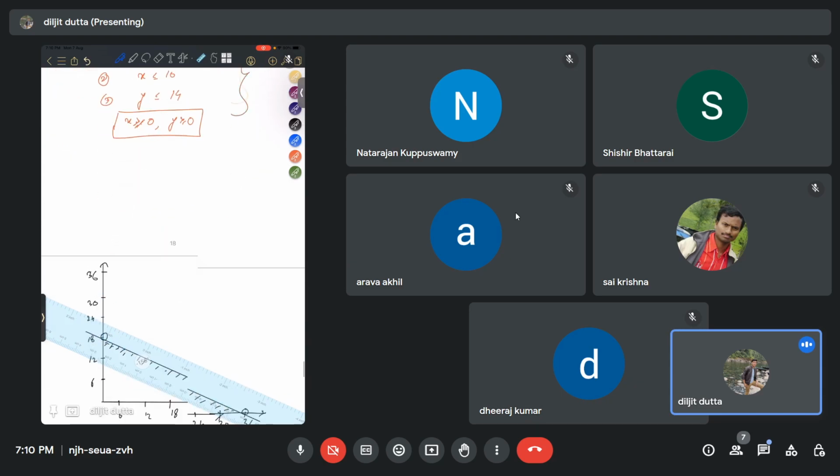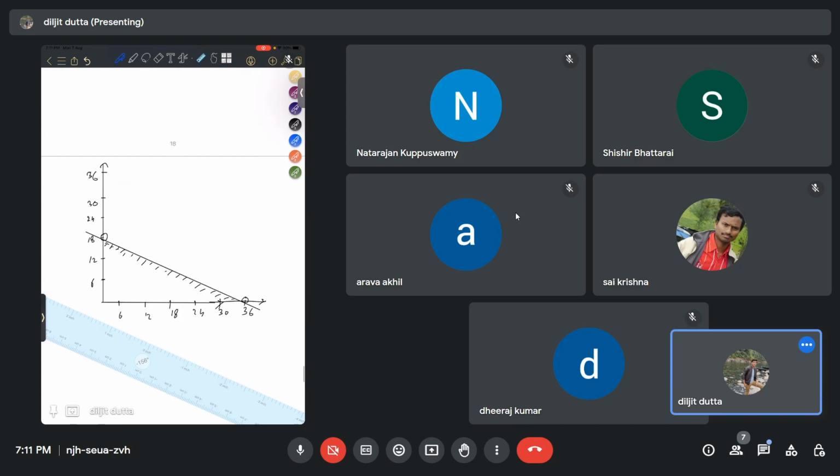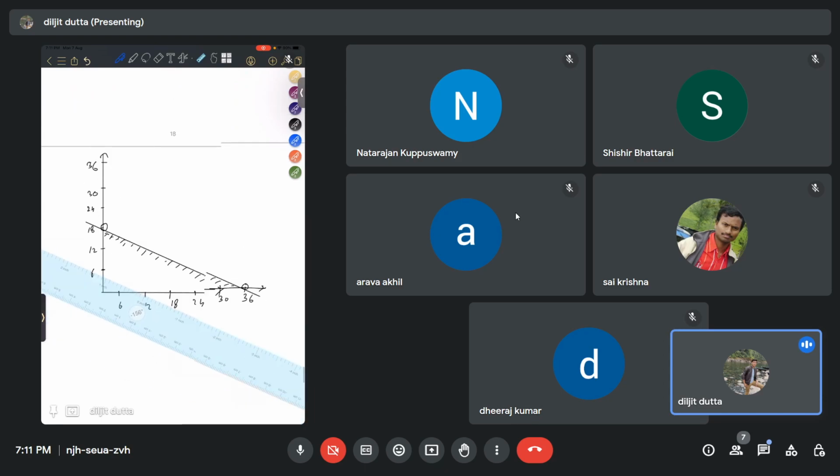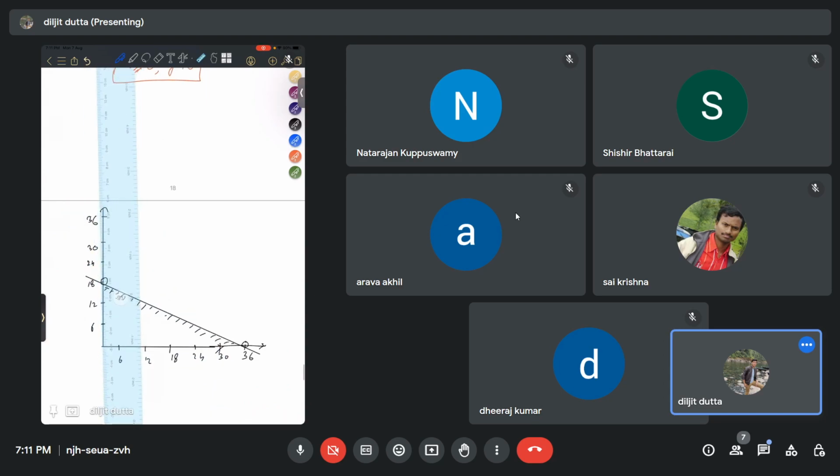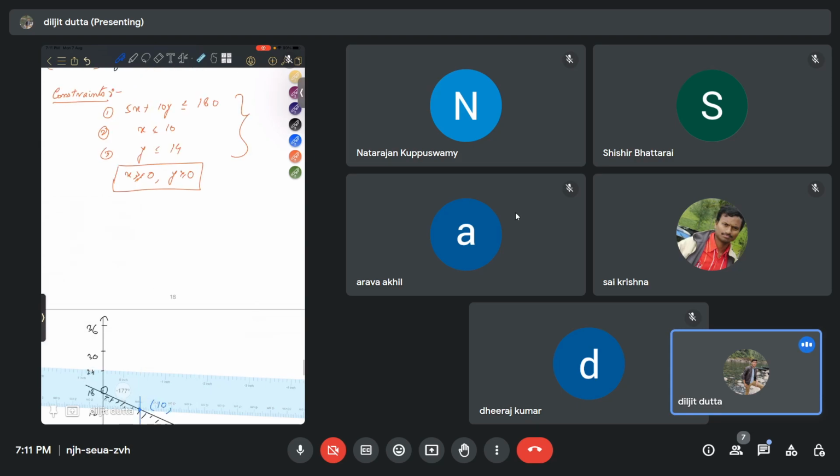Okay, the other constraints are x less than or equal to 10 and y less than or equal to 14. At the point where x is equal to 10, from this line equation y is equal to 180 minus 50 over 10, which is 13.